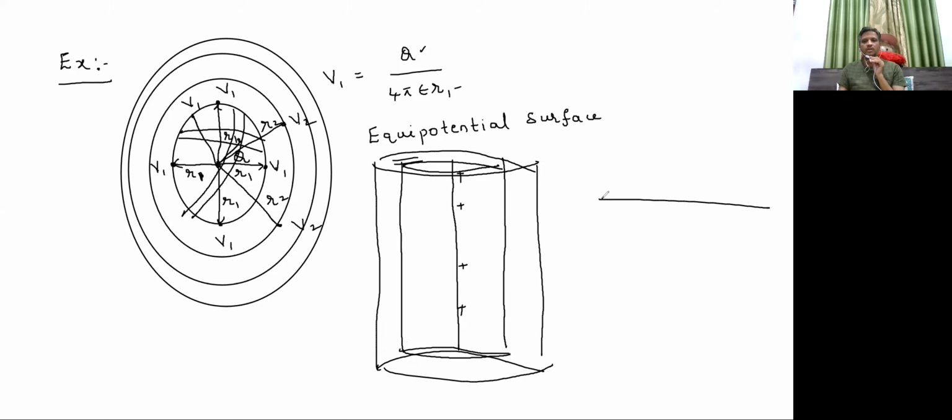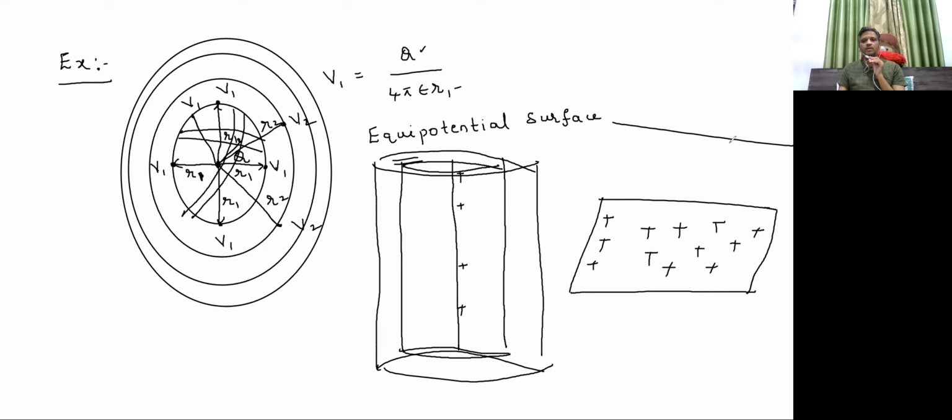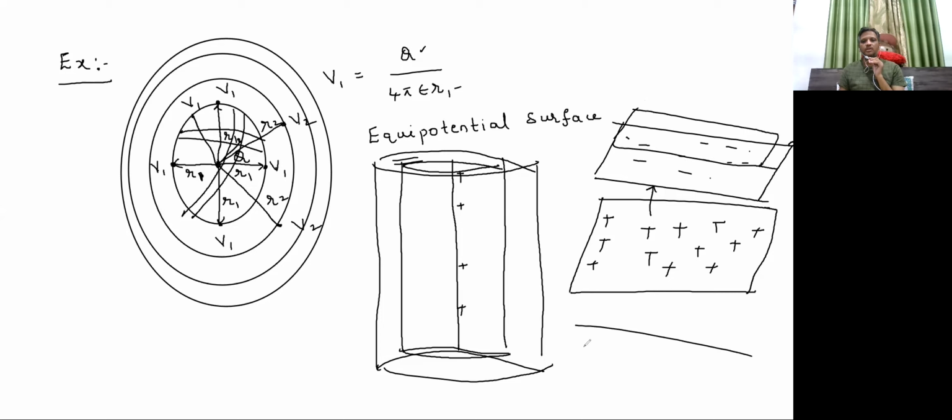Similarly, if you take an infinite sheet of charge with charge distributed on it, and you take a surface at a particular distance above it, the potential on this entire surface will be the same. You can have n number of surfaces above and below this particular equipotential surface, with the potential the same everywhere. So these are all examples of equipotential surfaces.